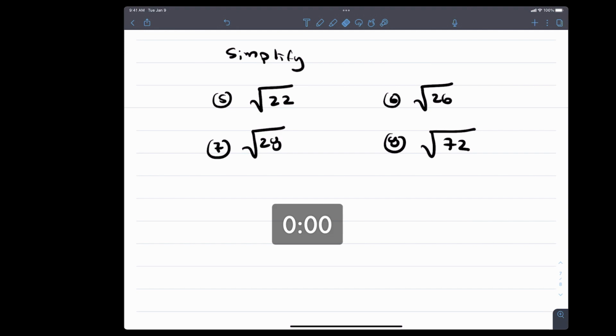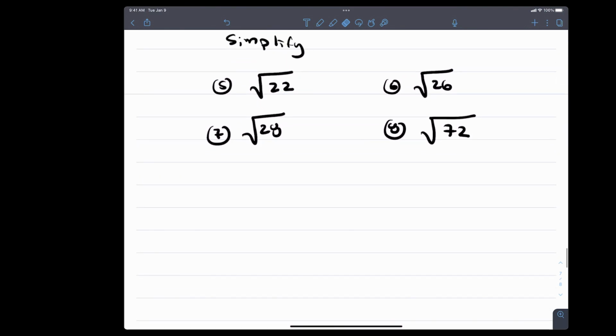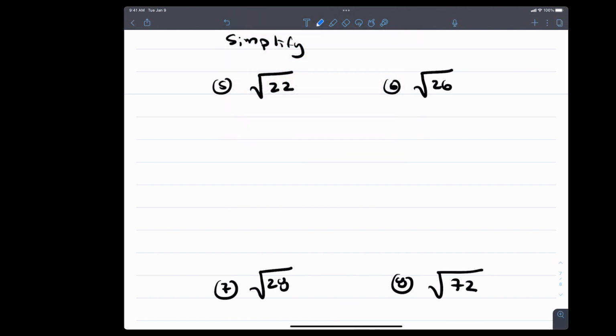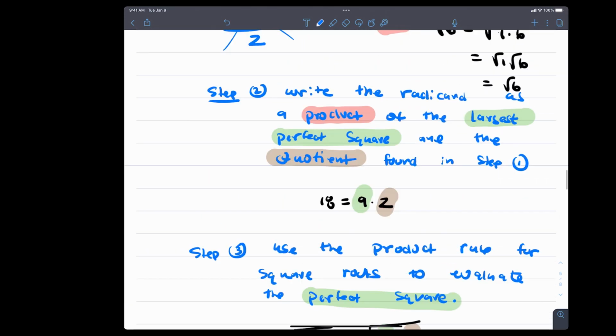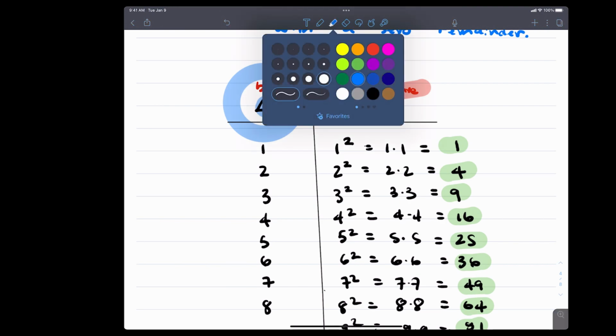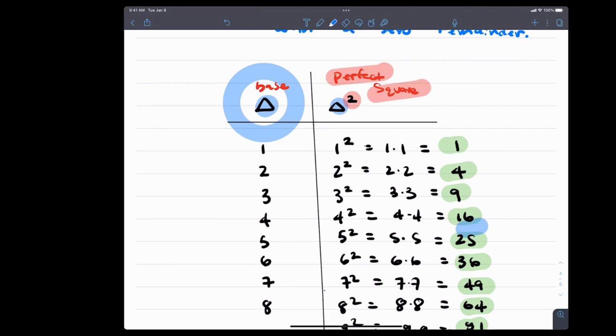Okay, ladies and gentlemen, let's try this out. You guys ready? 22, largest perfect square that goes into 22. Well, be careful here. Let's go back. Which ones are the perfect squares?